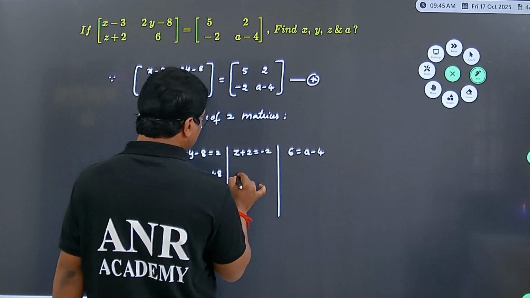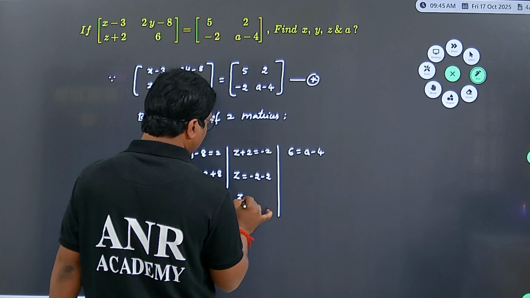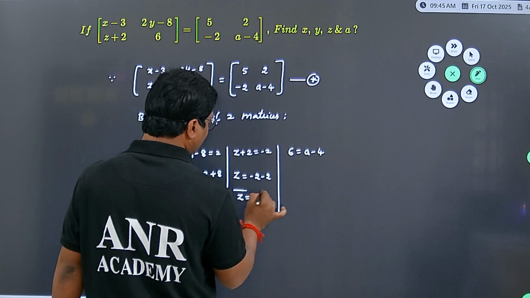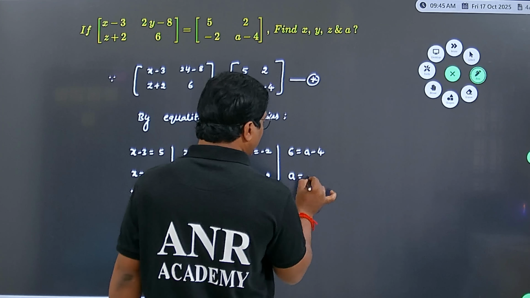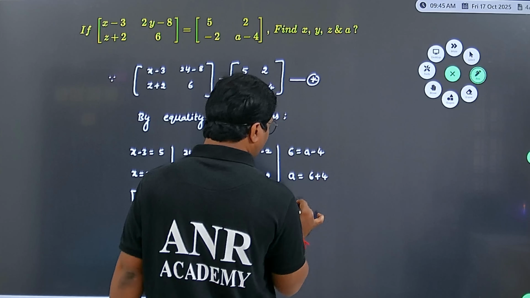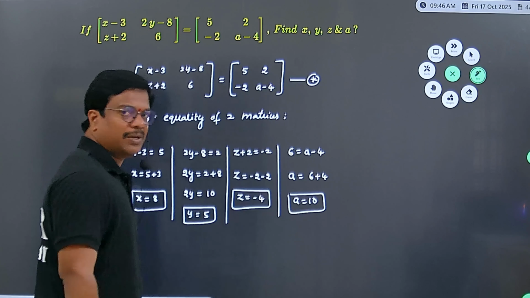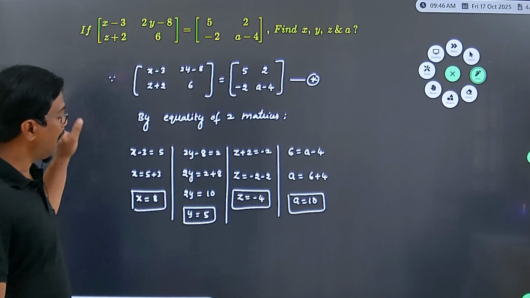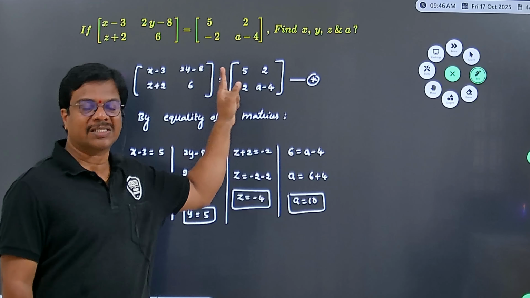Next z equal to minus 2 minus 2, therefore z equal to minus 4. Next a equal to 6 plus 4, which implies the value of a equal to 10. Very simple. You just have to equate the corresponding elements. Then automatically on simplification we get the values of x, y, z and a.